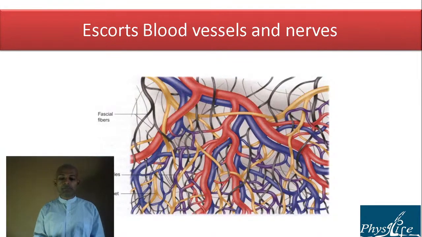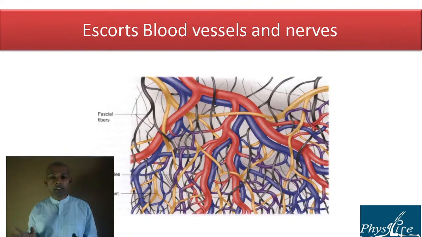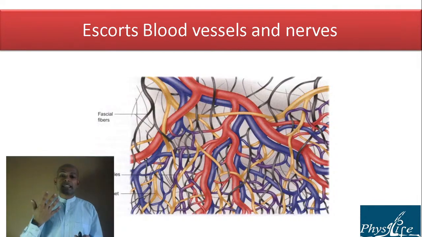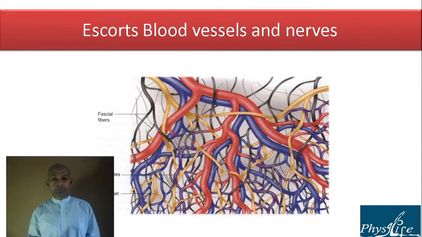Now also the function of the fascia is to escort the blood vessels and nerves. If you see this picture, the black fibers here are the basement membrane of fascia, if I'm allowed to say so, or you can say the base fabric. In that base fabric you have embroidery of the red blood vessels, that is arteries.